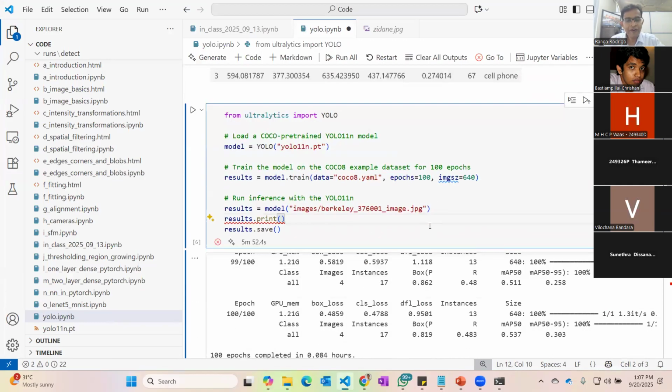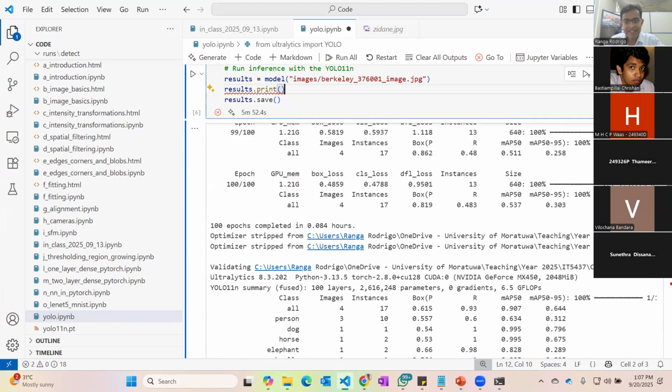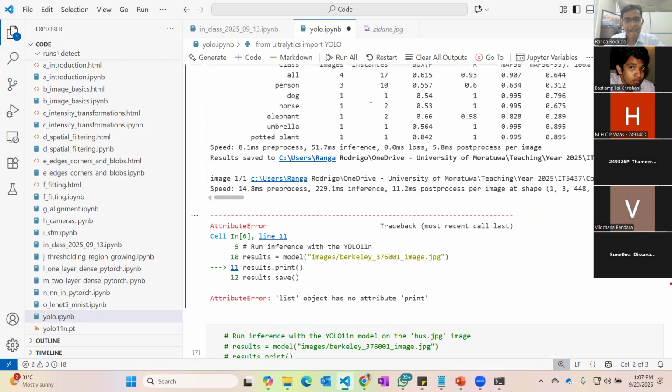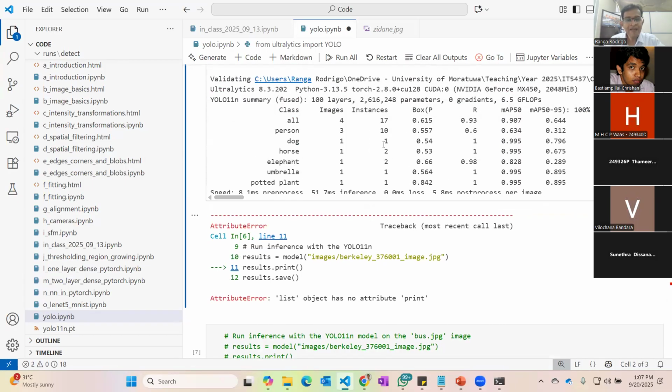You can see training also taking place here. This is the summary.